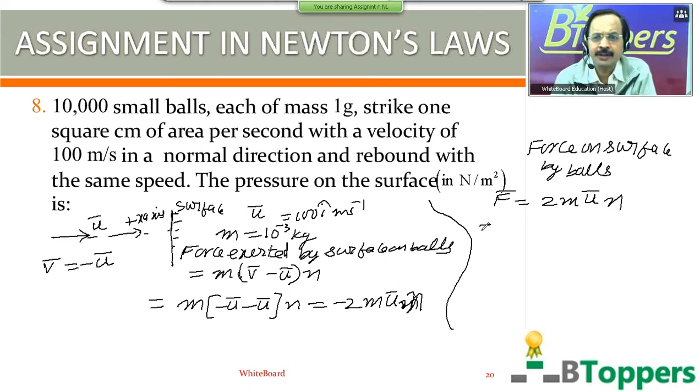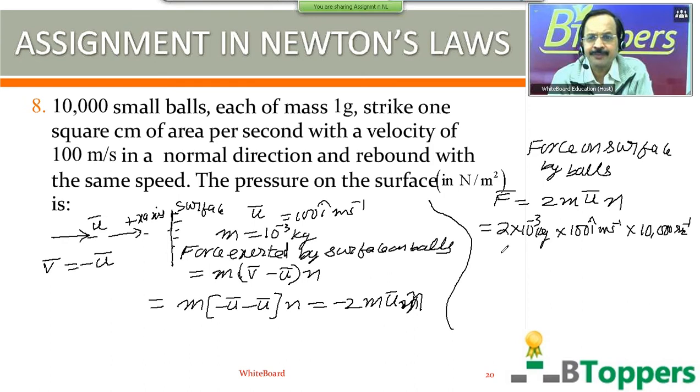Here the mass m of each ball is 1 gram, that is 10 power minus 3 kg. The initial velocity u bar is 100 i cap meter per second. The number of balls striking is 10,000 per second.